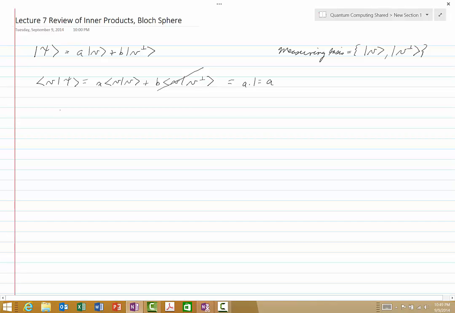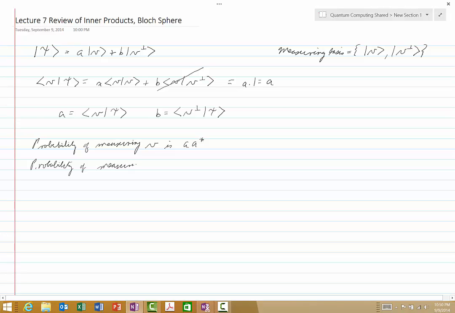And therefore, we get A is equal to the inner product of V with C, and B is equal to the inner product of V orthogonal with C, and the probability of measuring V is A conjugate, and the probability of measuring V orthogonal is B conjugate.